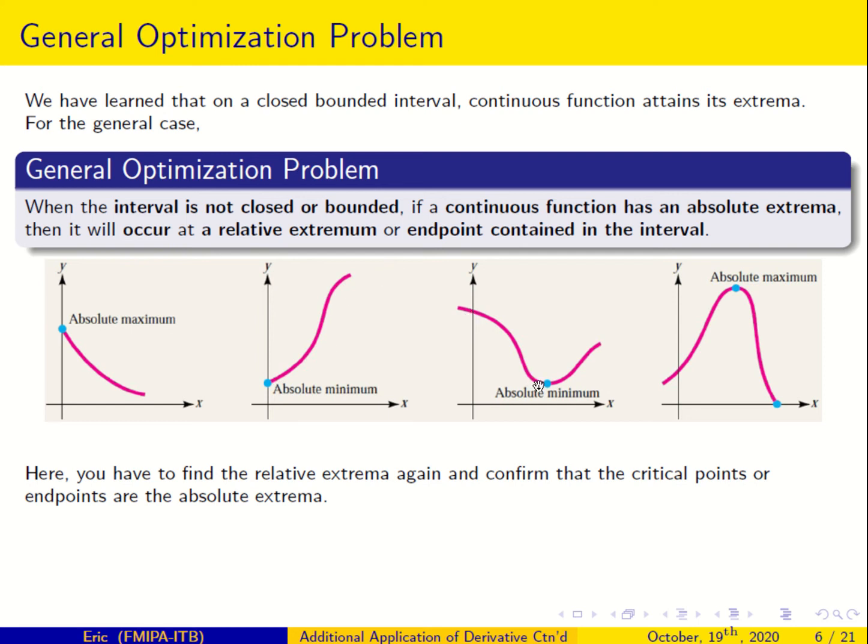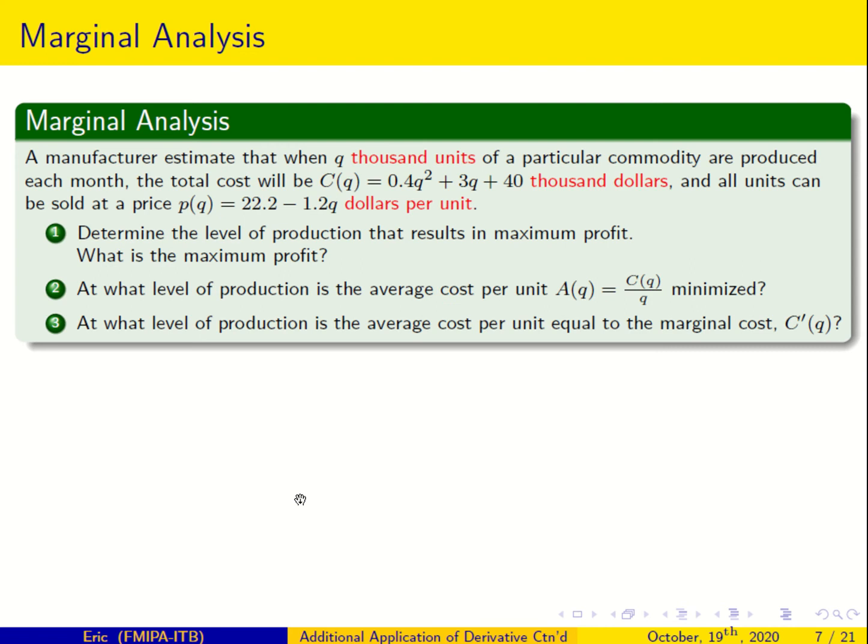And here the absolute minimum and maximum happen at the stationary point. Here you have to find the relative extrema again and confirm that the critical points, don't forget, either singular points or stationary points, are the absolute extrema.